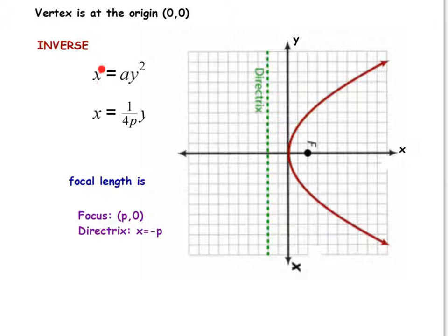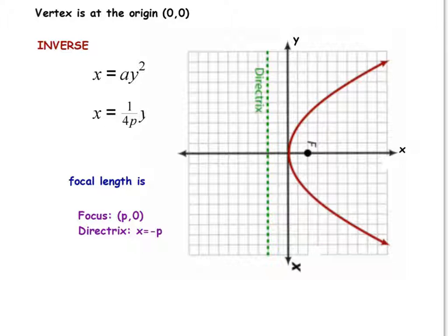So we put x here and y here, and that gives us x equals ay squared. That gives us a parabola that actually opens to the right. Notice that this parabola is not a function. It would not pass the vertical line test, which is why we're including it in this section on quadratic relations.